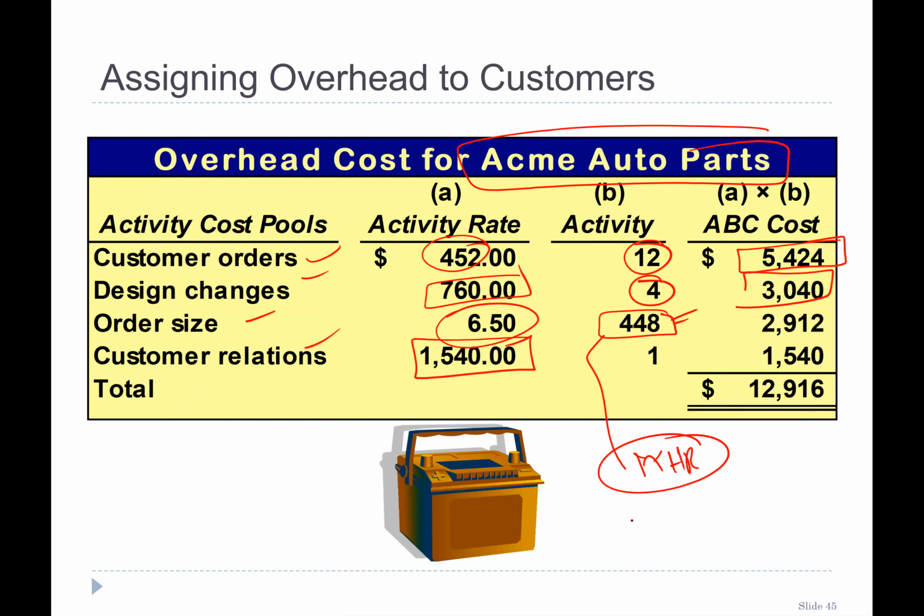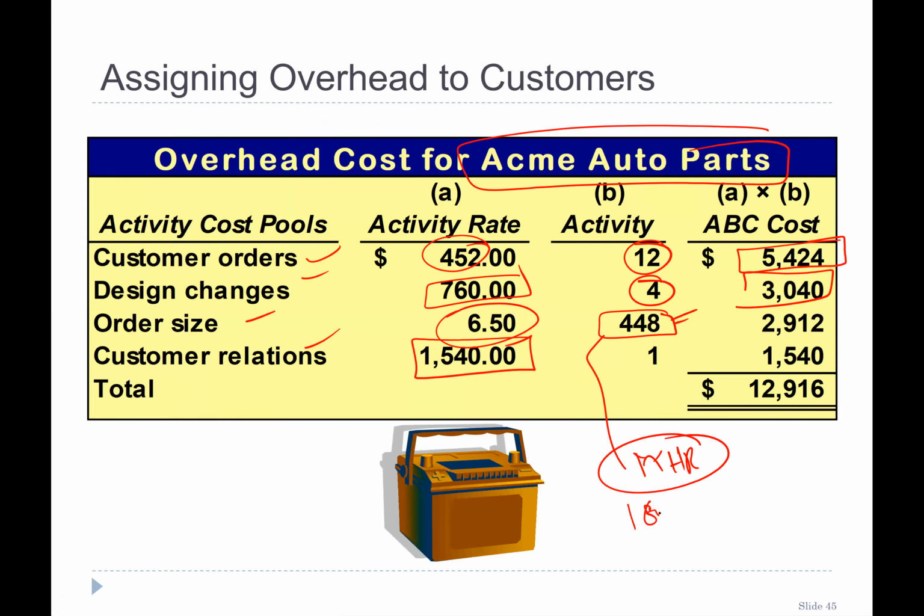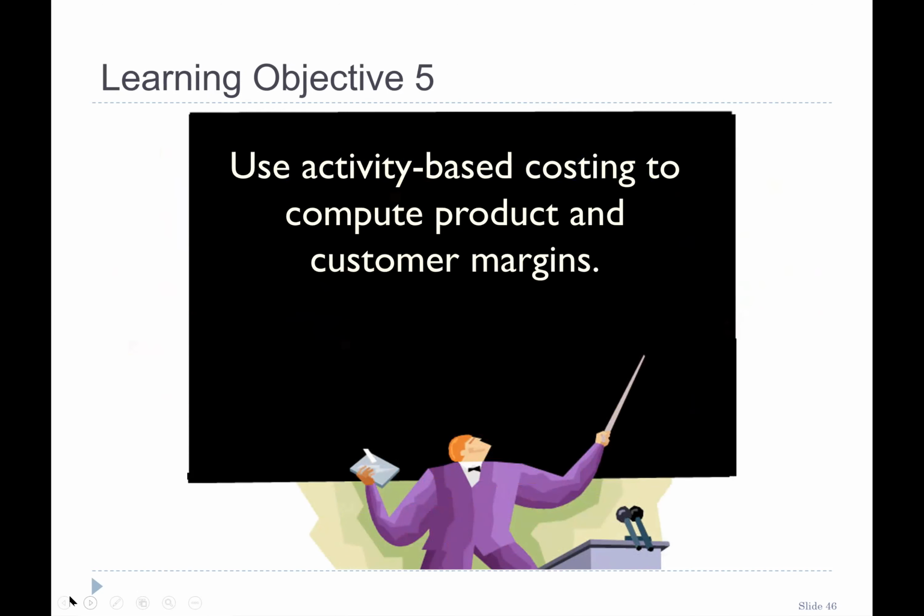And the total machine hours are 160 plus 288, right, guys? So this second stage allocation can also be used to find out how much overhead we need to charge per customer. In that case, Acme Auto Parts is going to give us $12,916 in overhead, right?